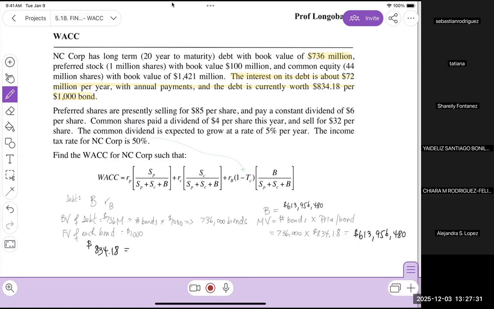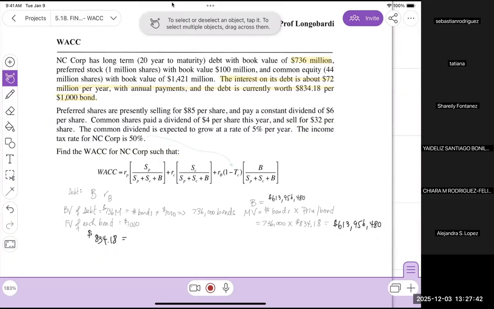Okay, you're told about the coupon. You're told about the interest payments in total. Okay, so there are annual payments, not semi-annual, and the interest is about $72 million per year.